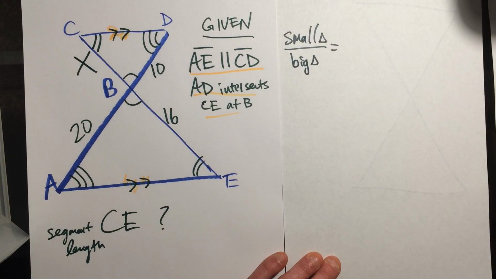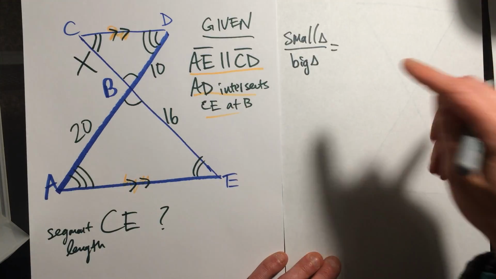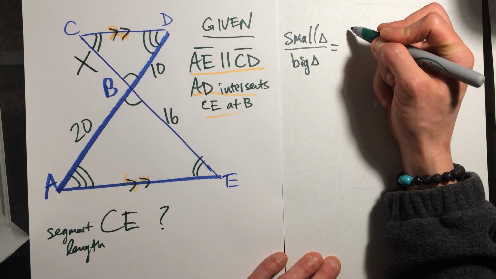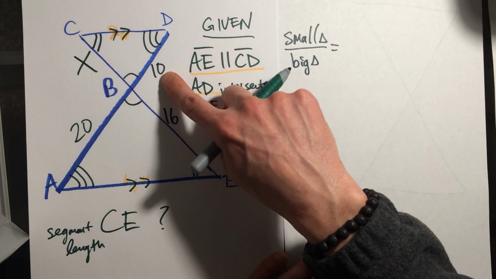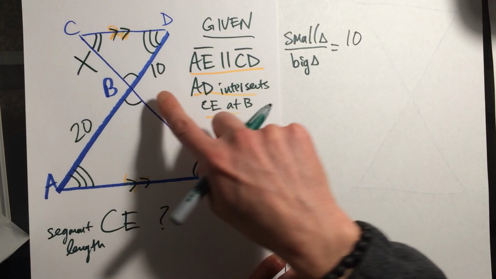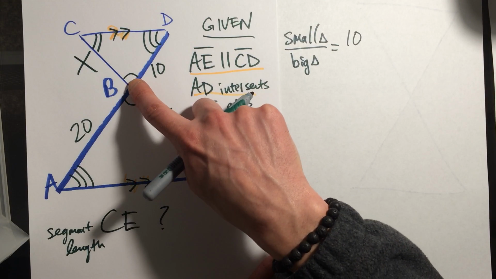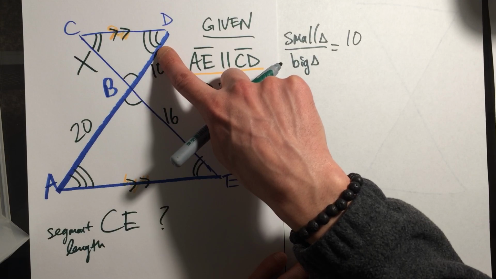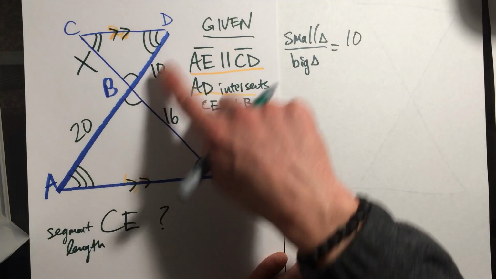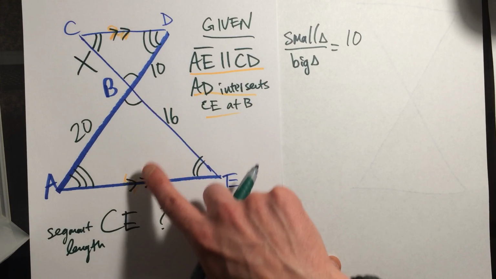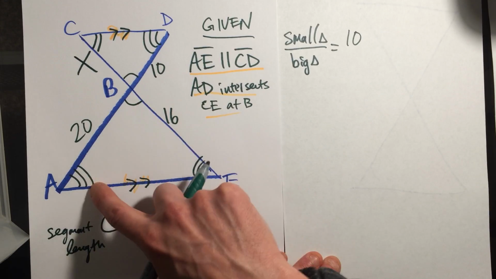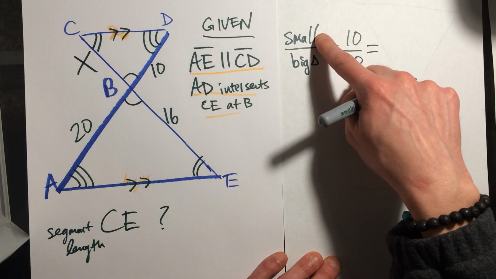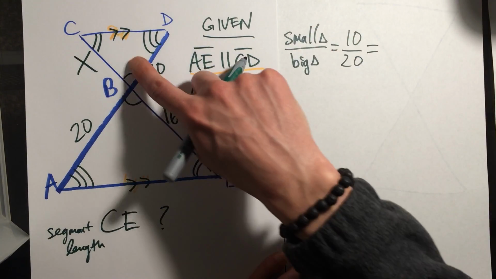The small value, let's use 10. Notice 10 is the value between the vertical angle and the angle I mark with three oval lines here. So I do the same thing on the big triangle. I find this one and that one. That's a 20.